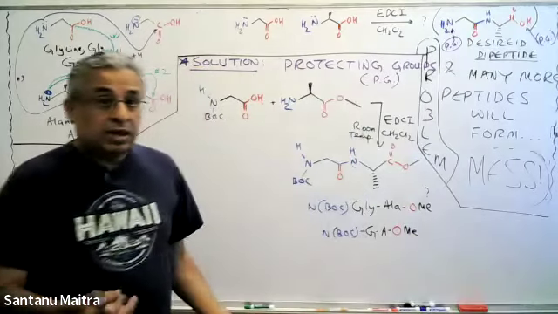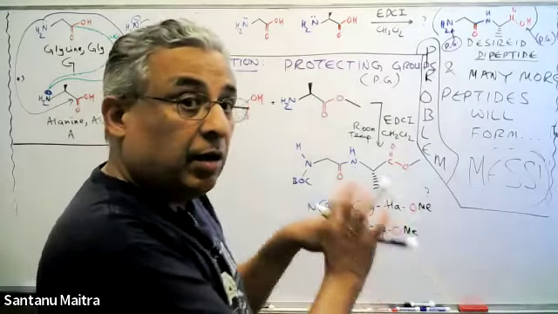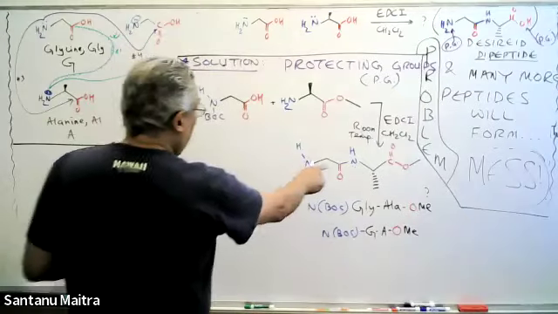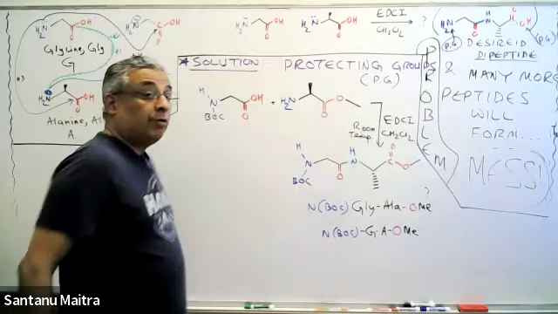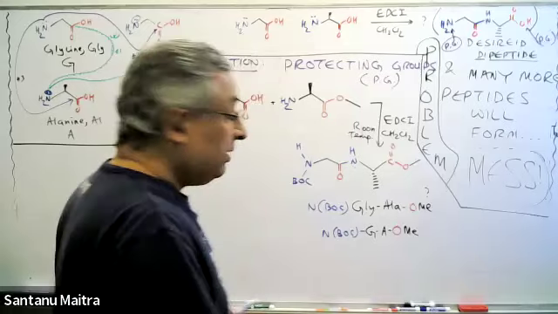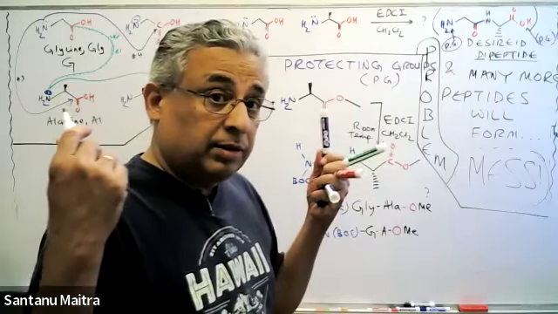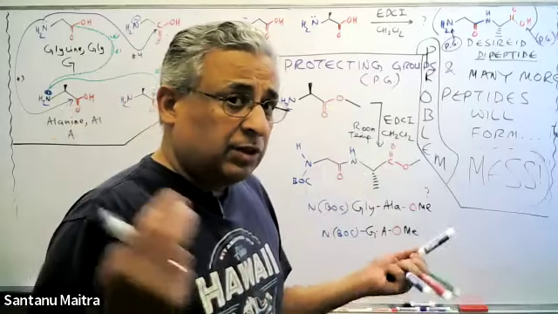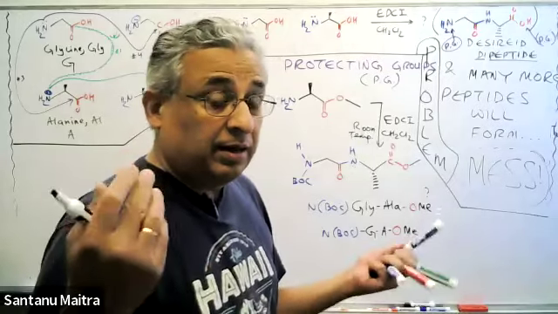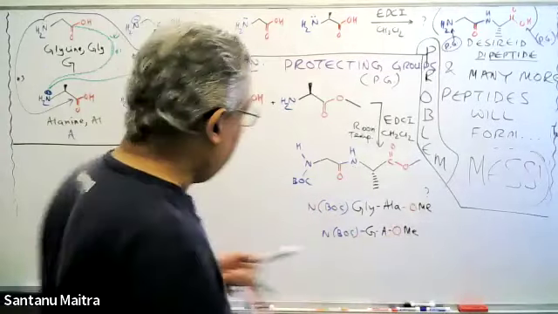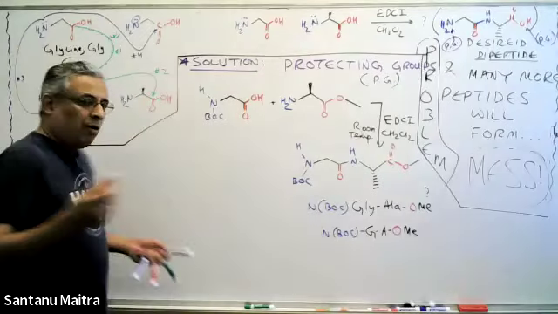Okay, that's how you write or type. If you have to draw the molecule this way, this is how you draw it. So once you attach two amino acids, it's a peptide, right? So this is how you draw a peptide.